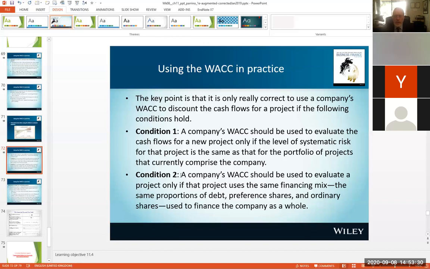Okay, condition 2: a company's weighted average cost of capital should be used to evaluate a project only if that project uses the same financial mix, the same proportion of debt, preference shares, and ordinary shares.